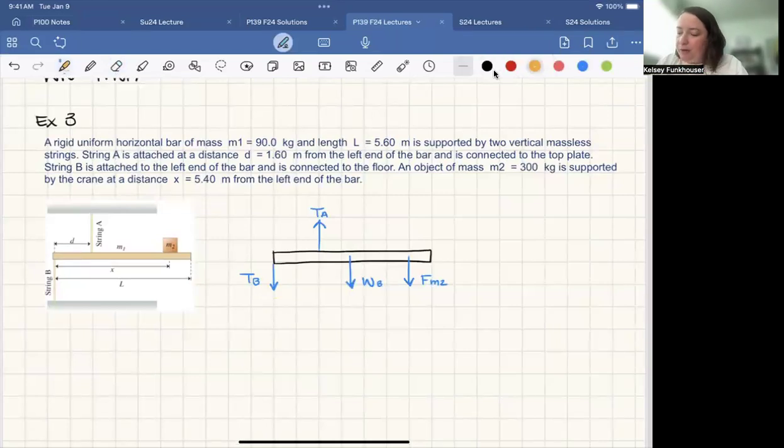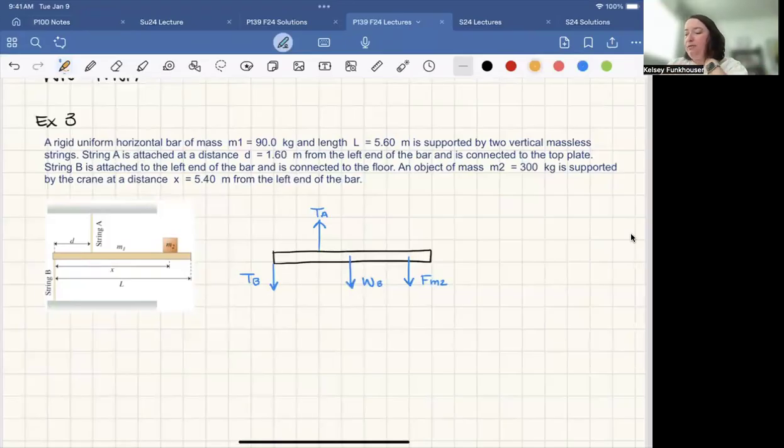Really quickly, first, in a situation like this one, where there isn't necessarily a distinguished pivot point, we can decide where the pivot point is.